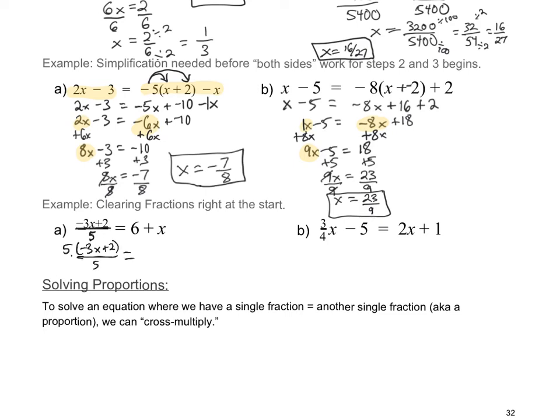On this side, it's going to look like 5 times 6 plus 5 times x. And that means that these cancel. And so the entire problem becomes -3x plus 2 is equal to 30 plus 5x.